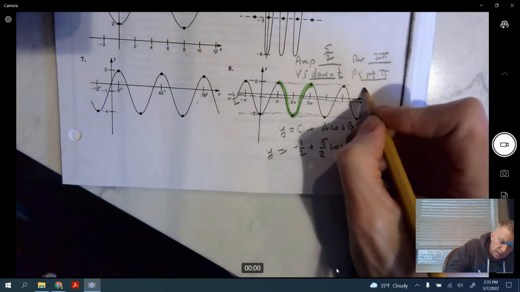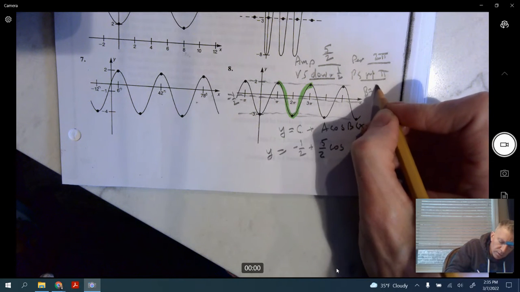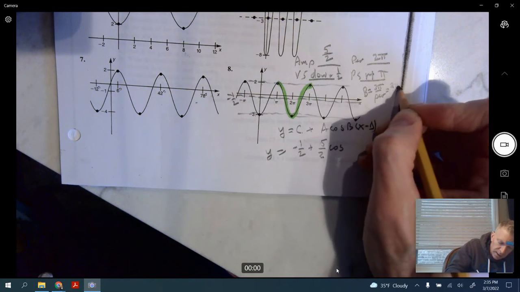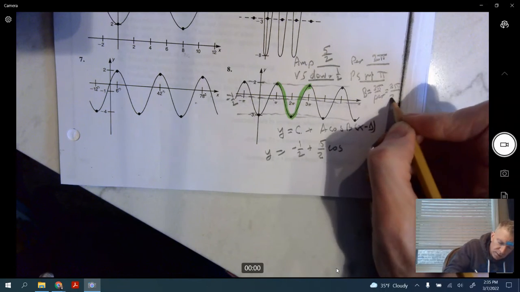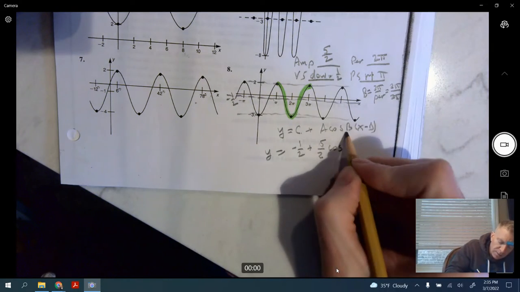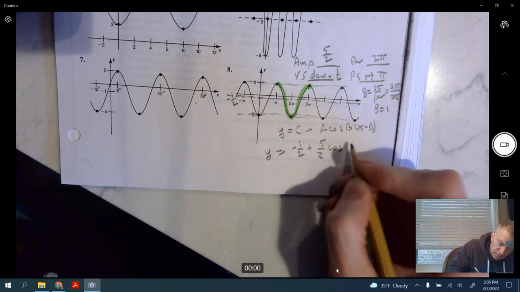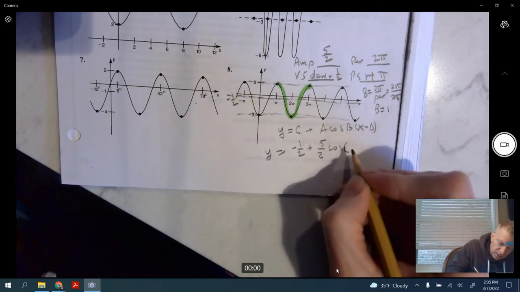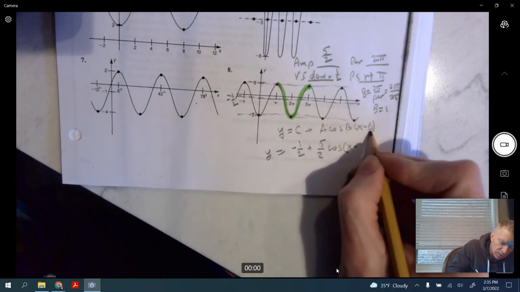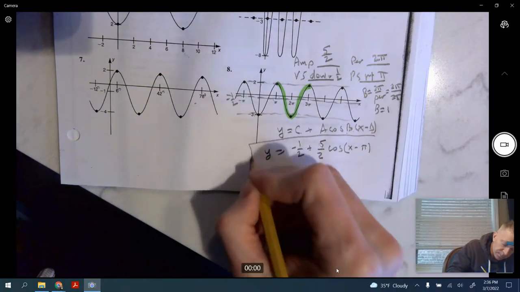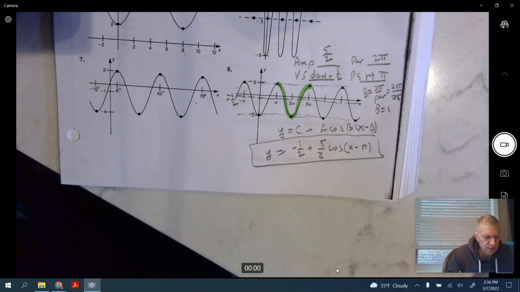My b, okay, so b is 2 pi over the period, or 2 pi over, period's 2 pi, so 2 pi over 2 pi. So my b value is just 1. So I don't even need to put the 1 there. And I've got x minus my horizontal shift, which is pi. One of your many correct answers, okay?